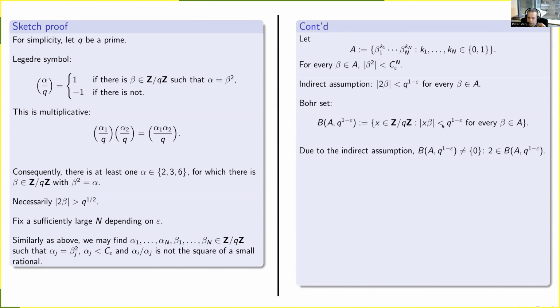So my assumption was that 2 times beta is less than q to the 1 minus epsilon for all choices of the beta.